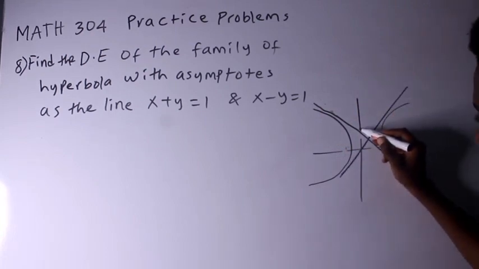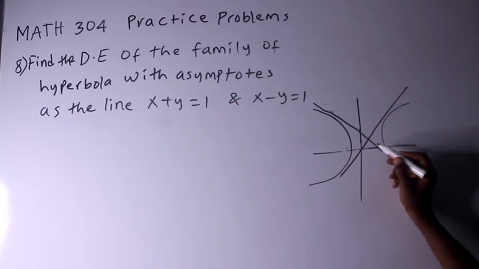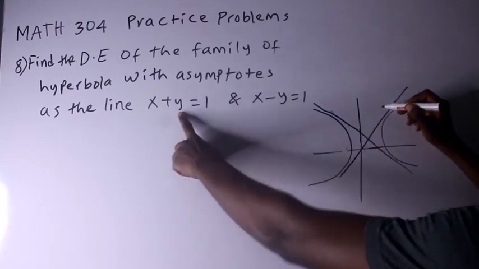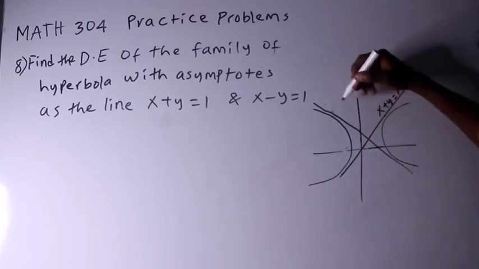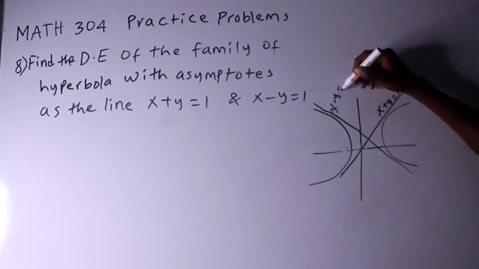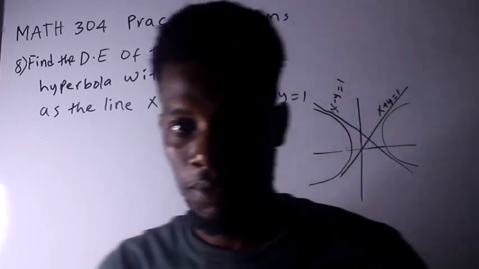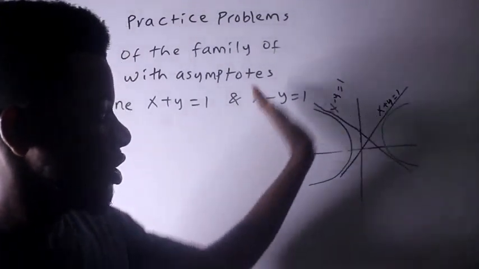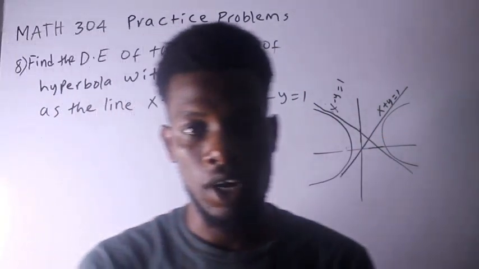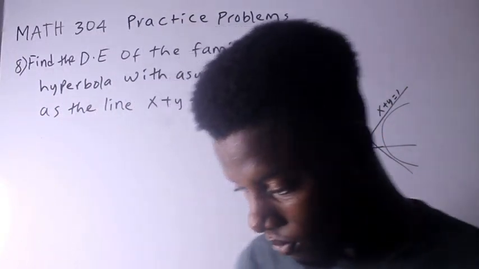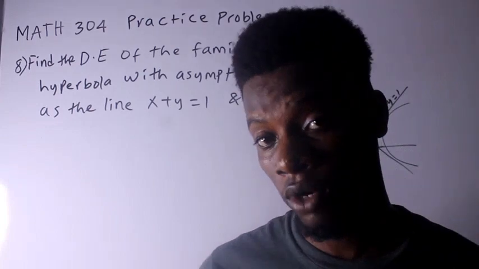So the equation of this line is x plus y equals 1, and the equation of this one is x minus y equal to 1. So that's the general idea. You are given the equation of the asymptotes of the hyperbola, and you are told to find the differential equation of that family of hyperbola.